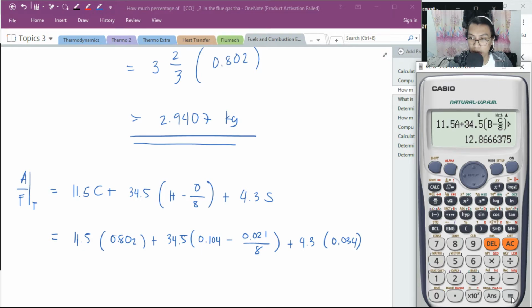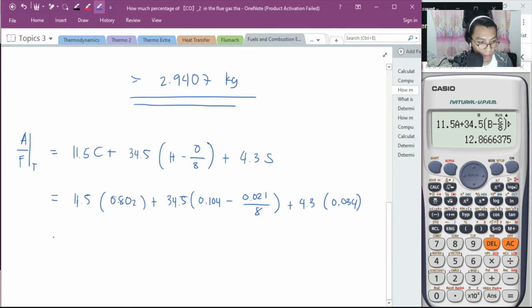The answer is 12.8666. Kilogram air in every kilogram fuel.